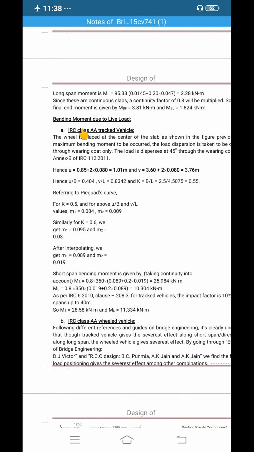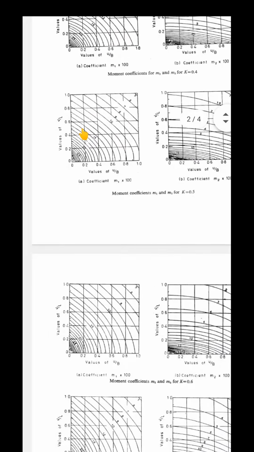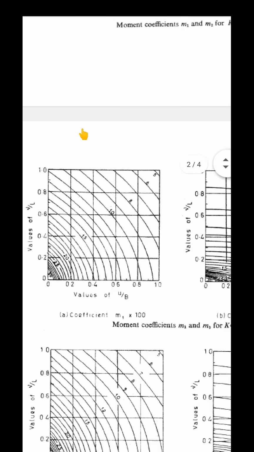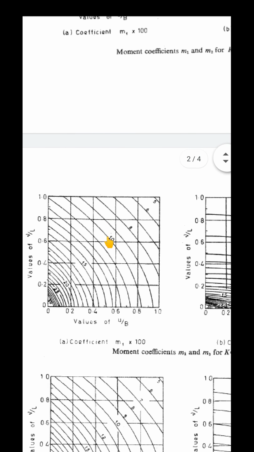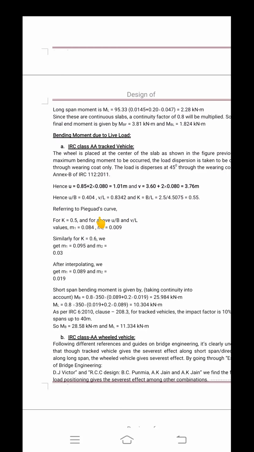Similarly, for k equal to 0.6, 0.404, and somewhere here, so it is between 9 and 10, or 8 and 9, and 10.